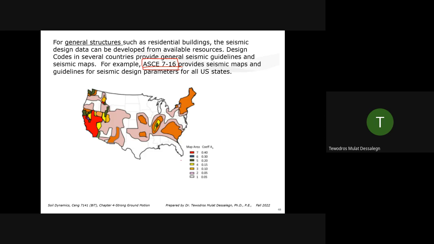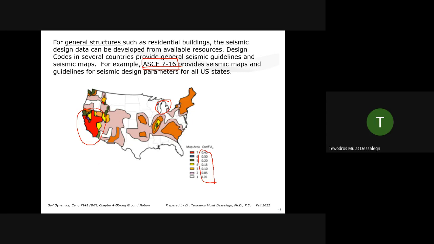It provides the peak acceleration values for different regions of the US. You see much larger acceleration in the California area and much lower acceleration in Minnesota, or where I am. I'm in the Michigan area right here. So for various regions of the US, those books provide acceleration coefficients and a guide on how to develop the response spectrum, depending on the soil type and everything.